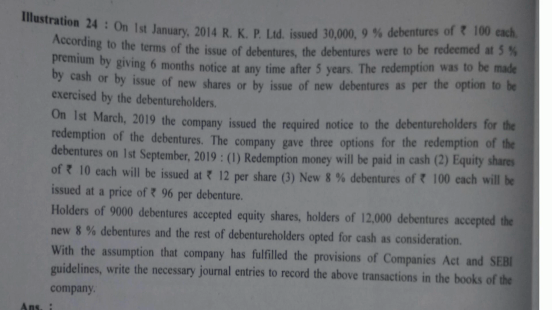Now let us see which debenture holder is accepting what. Holders of 9,000 debentures accepted equity shares. Holders of 12,000 debentures accepted new debentures. And the rest of the debenture holders opted for cash as consideration.